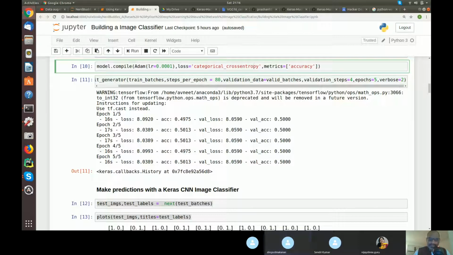Cross entropy is the loss, which we use to define the distance between what the algorithm should predict and what it is actually predicting. And accuracy is, so this is from the previous class, can anyone share what accuracy stands for?